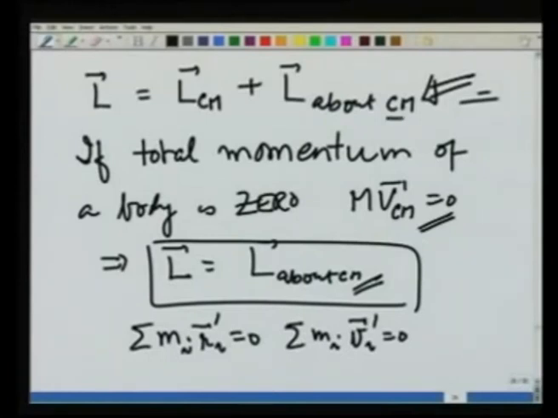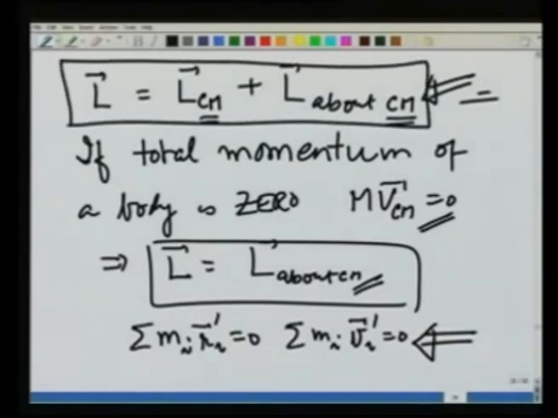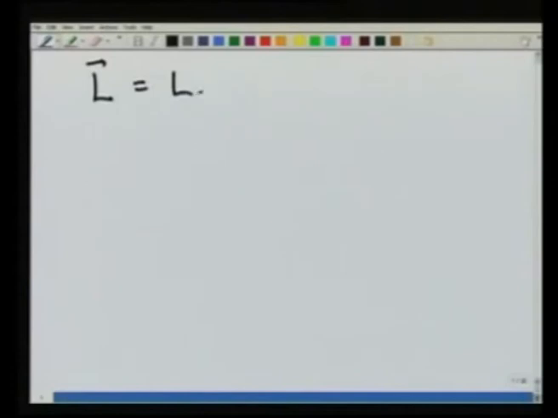It is only with the center of mass, because center of mass satisfies these two equalities, that I can decompose the angular momentum in this manner. This must be kept in mind. So, what we see is that L is equal to L CM plus L about CM.